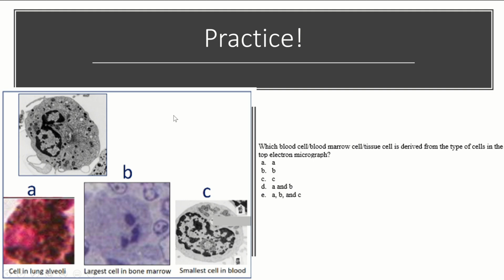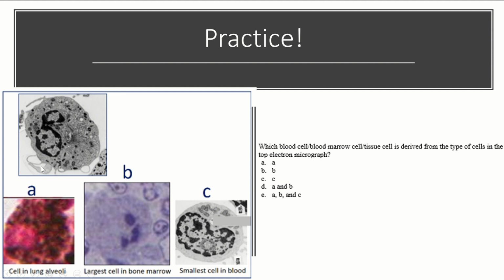Okay, so now we're going to do some practice. So which blood cell, bone marrow cell, or tissue cell is derived from the type of cells in the top electron micrograph? So we're going to identify what's in this top electron micrograph. And so hopefully you can realize we've got these long arm-like projections, right, on the outside.